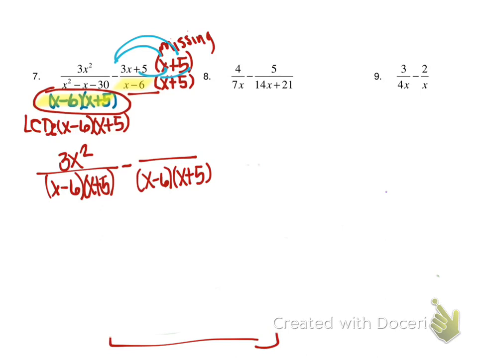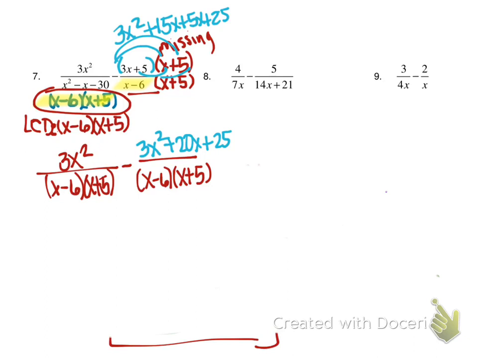If we multiply all this together, we get 3x squared plus 15x plus 5x plus 25. If I put the 15x and 5x together, we have 3x squared plus 20x plus 25. You could do that with the box method, or you can just do it with the distributive property. That's where that came from: we multiplied 3x plus 5 times x plus 5, and we came out with 3x squared plus 20x plus 25.